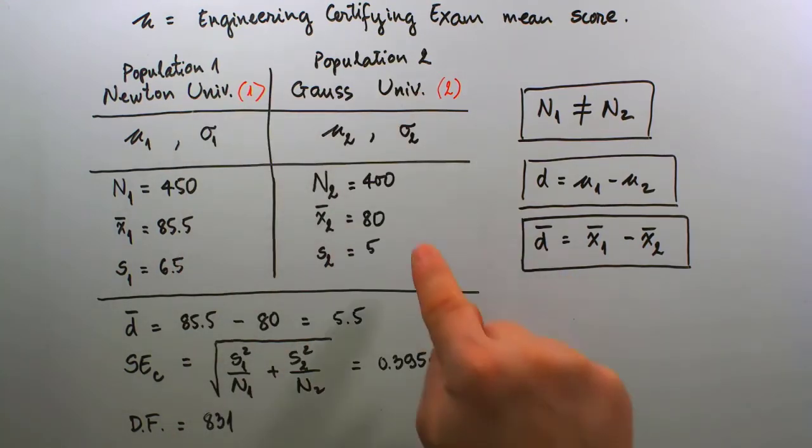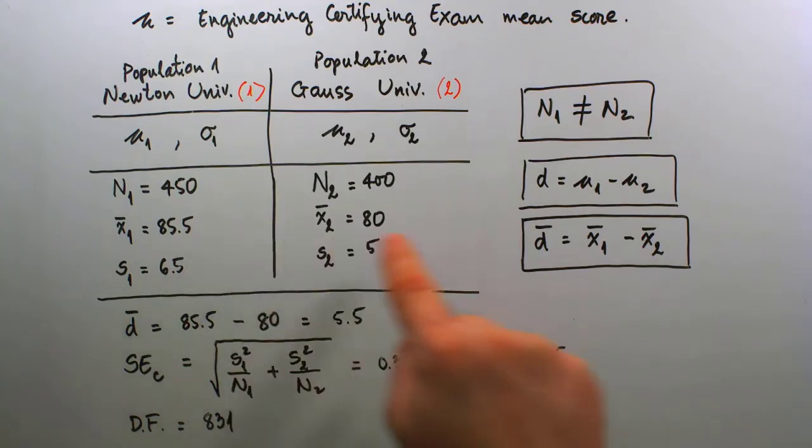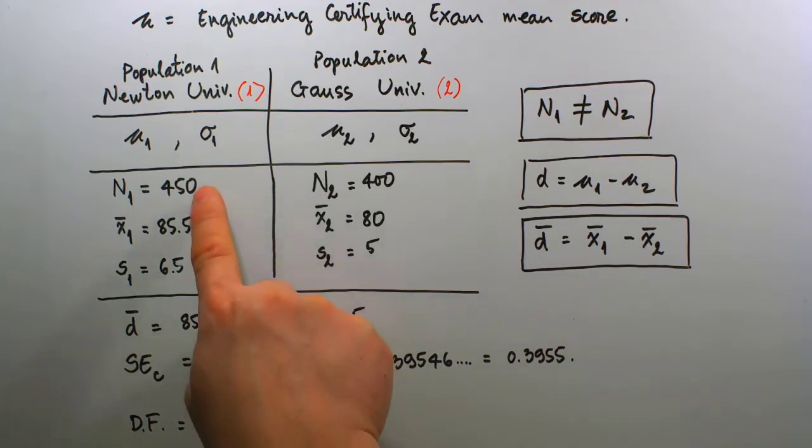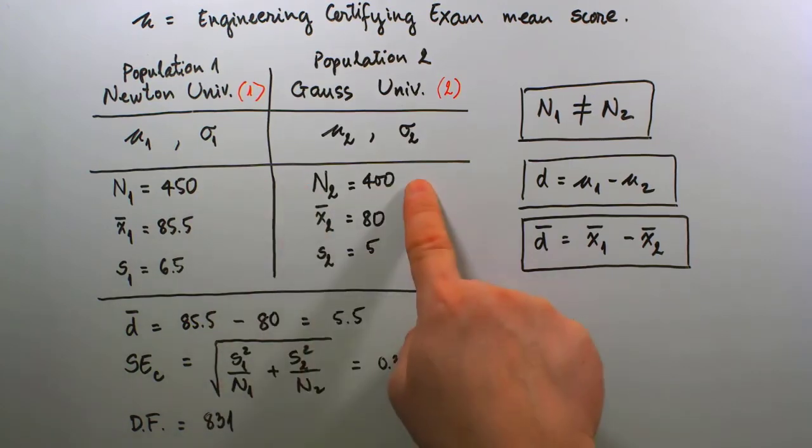And from the sampling information listed here, we found the D bar value calculated previously to be 5.5, which will be used again in this coming problem, testing a hypothesis. We also already calculated SEC, and that will be used again, as well as the degrees of freedom being 831 for the two samples combined together, where N1 is 450 and N2 is 400.